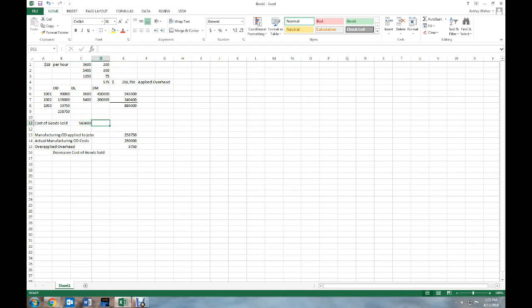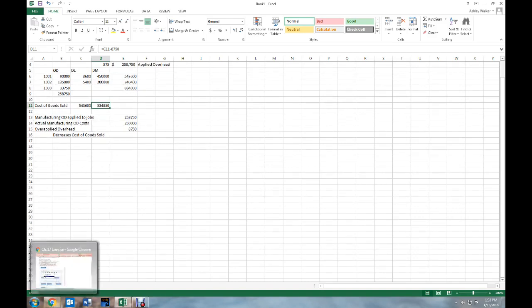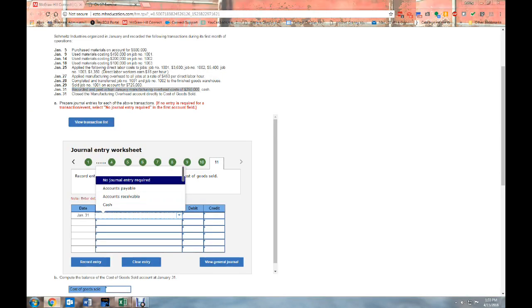We subtract over applied overhead because that's going to decrease. So we subtract that $8,750 in over applied. And that tells us what our cost of goods sold account adjusted for that over applied overhead should be. So $534,850. So now that we know that, we can go ahead and make that adjusting entry to our cost of goods sold account.